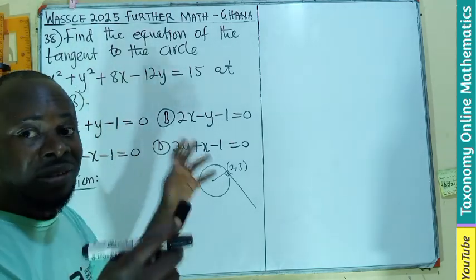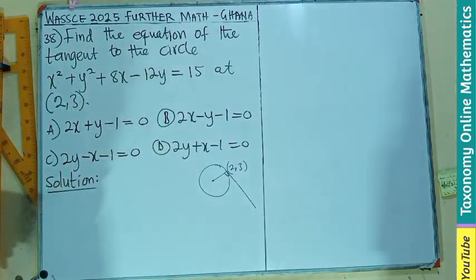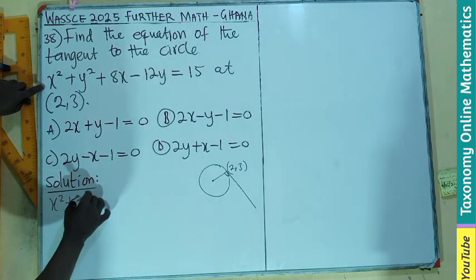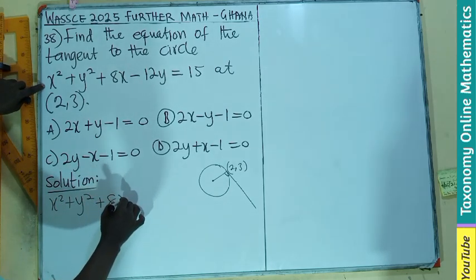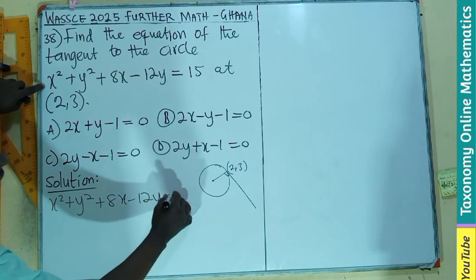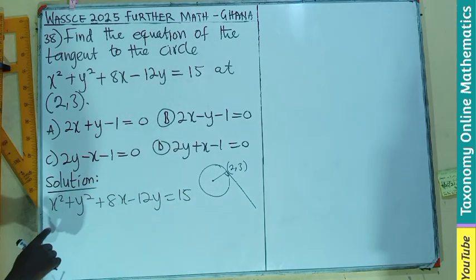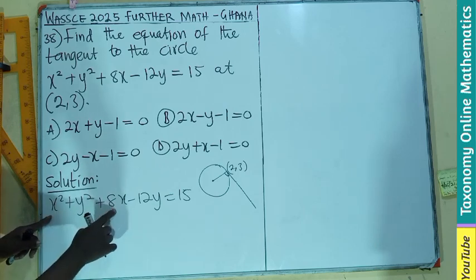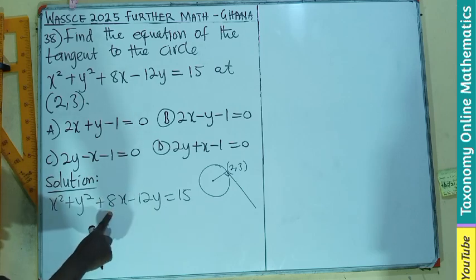We can do it in several ways. I think I'll use completing the square. So if I have x squared plus y squared plus 8x minus 12y equals 15, I'm going to pick the x only. If I pick the x only, I am going to find half of this. Half of this is what? 4. The square of that is 16.